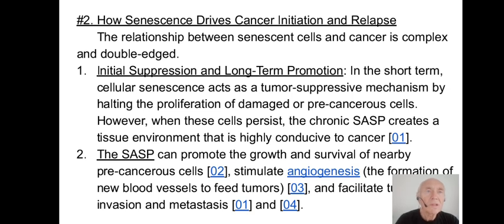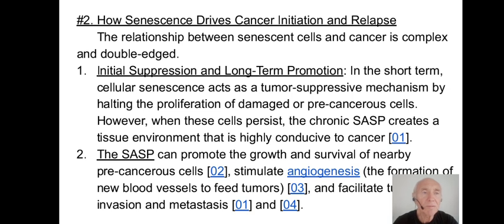So how does senescence drive cancer initiation and relapse? The relation between senescent cells and cancer is complex and double-edged. In the short term, cellular senescence acts as a tumor-suppressive mechanism by halting the proliferation of damaged or precancerous cells.